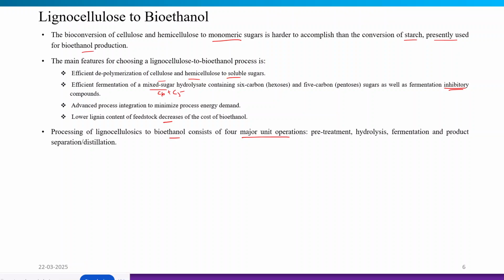The first one is the pre-treatment process. Then it follows hydrolysis, where different hydrolysis processes are followed, and then fermentation, and the last one is product separation or distillation.